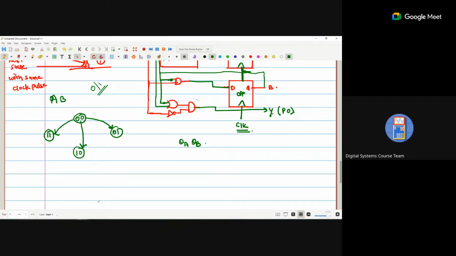Now the present output is a function of the present input and the state. Just hold for 1 minute.